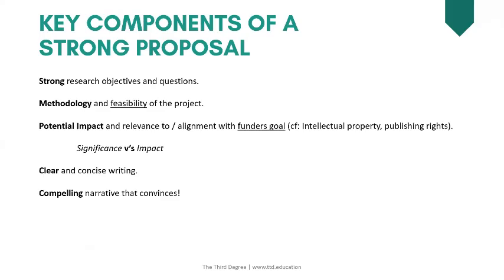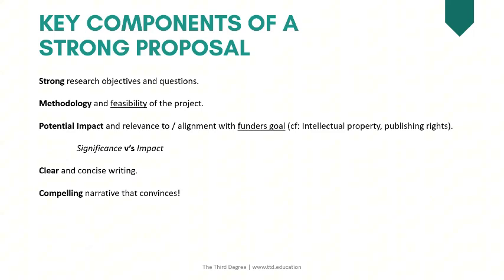So when we look at a strong proposal, we want strong research objectives and questions. Often we have to think very hard about that, because what we have, for example, in our doctoral research proposal might need some re-emphasis. It may need some tweaking or some realignment.